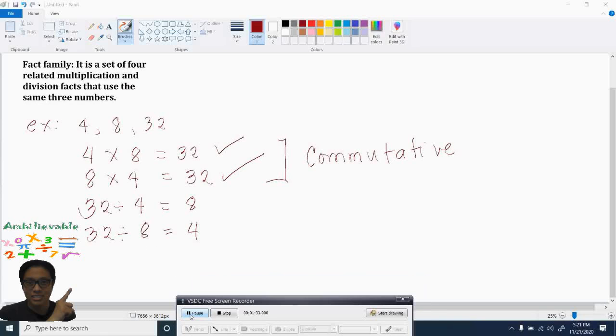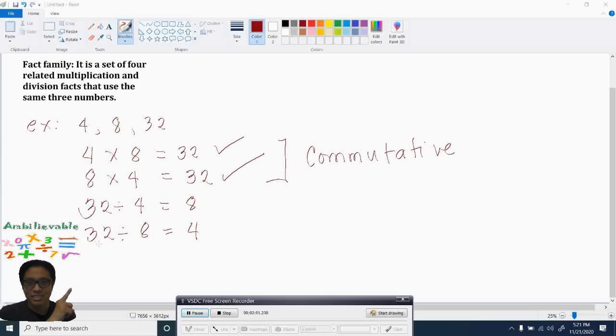Now, let us apply it in the division fact family. Your product here will be used as your dividend. The other factor here, 4, will be used as your divisor. So 32 divided by 4 will be equal to 8, and your quotient here is 8.